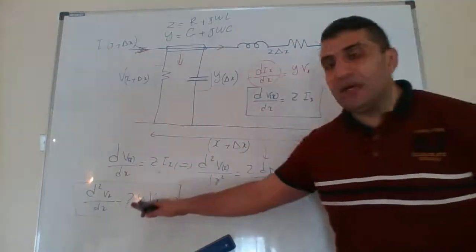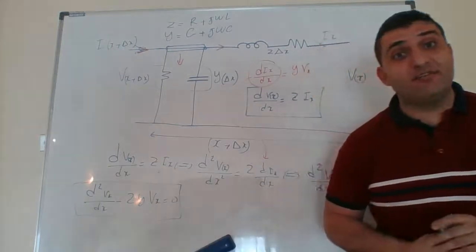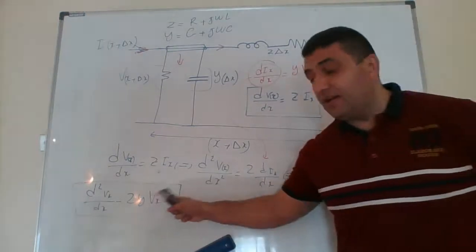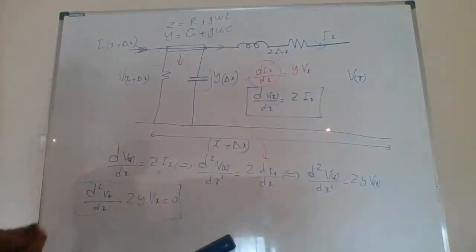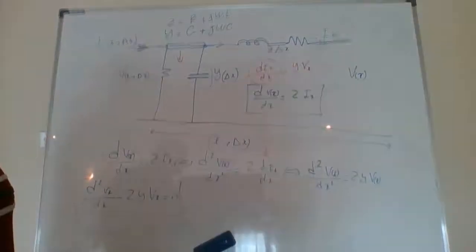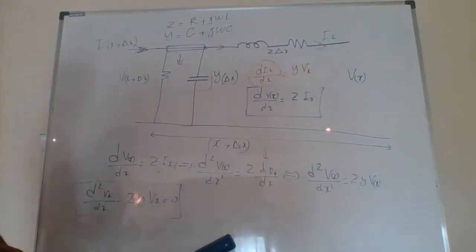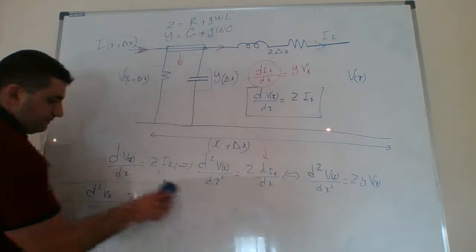So now I can go ahead and solve the second order differential equation and find Vx. What will be the answer for it? Let's take a moment to digest this information. So how can I find the answer of this second order differential equation?